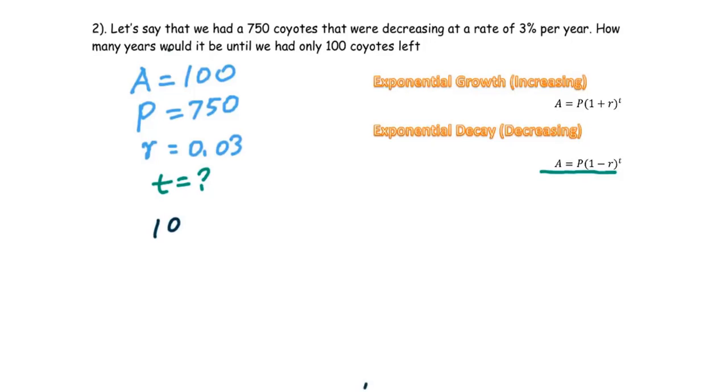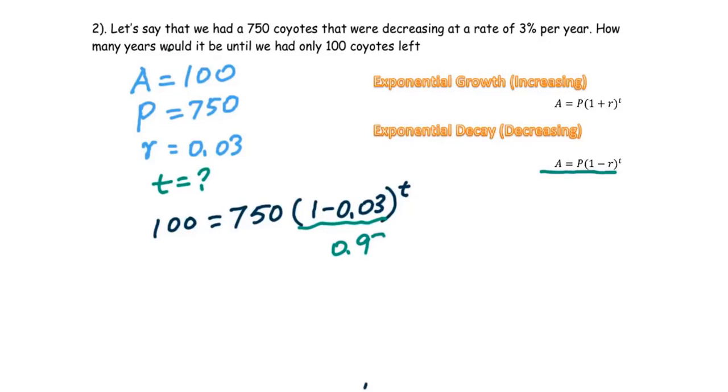So plug in, we got 100 equals 750 times 1 minus 0.03 to the T's power. We organize this one, we got 0.97 to the T. 750 times that equals 100. This is an exponential equation. We need to isolate 0.97 to the T. Therefore, we divide 750 both sides.